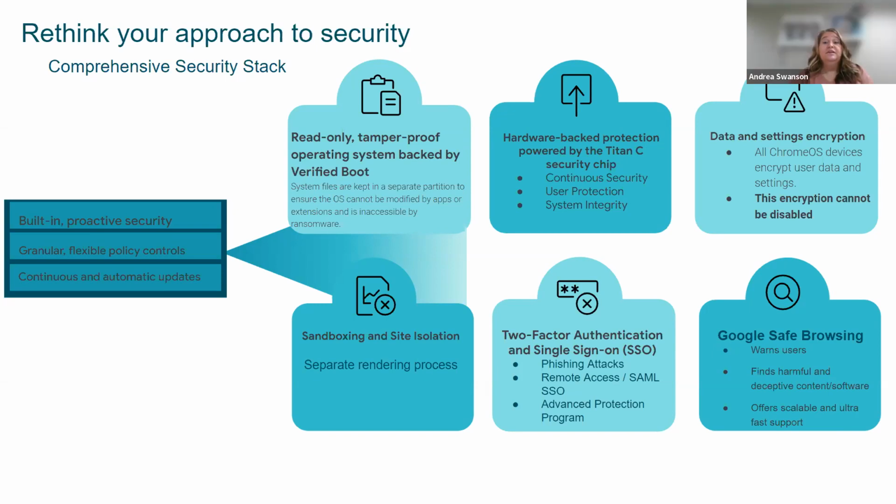All right, so let's look at Google and how they bring in the power protection in those security layers. I'm going to start off with verified boot because this is one of the big security protectors. It protects against dangerous attacks by ensuring that the firmware and the operating system have never been tampered with or corrupted in any way after a reboot.